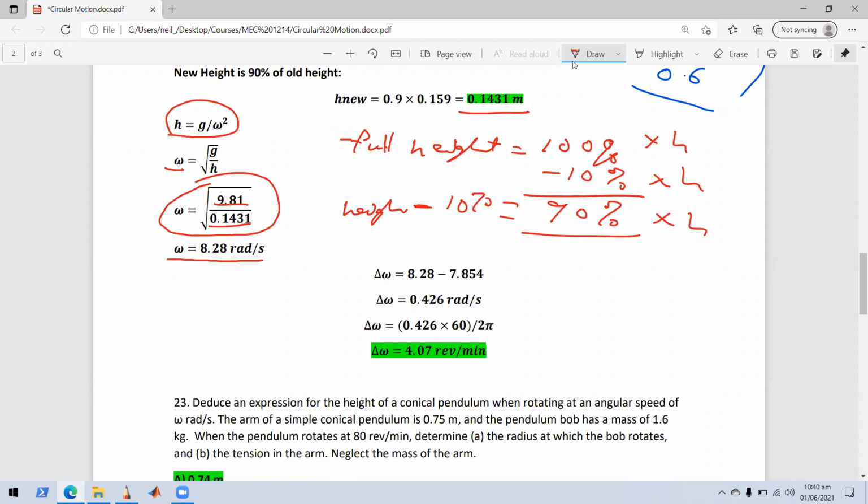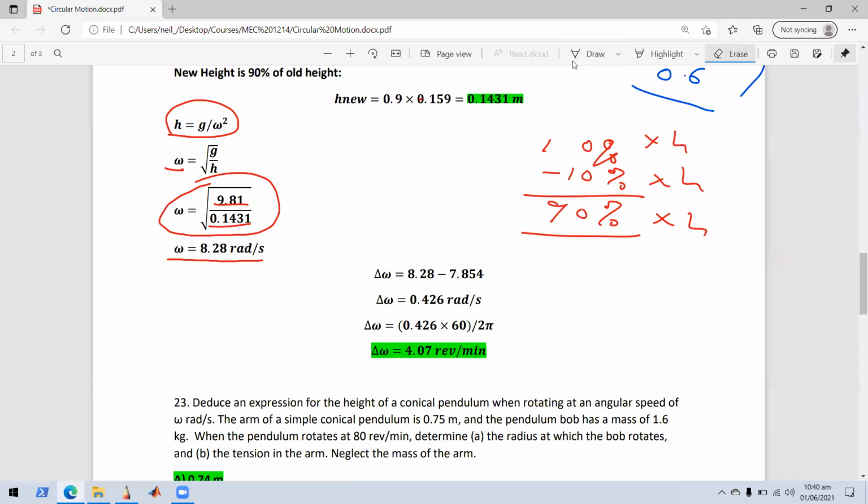Alternatively, you can find 10% of the height and then subtract it from the original height, but you're going to get the same answer here. So an easier way is just doing 90% of h, okay? Now, that's just where the 90% comes from, right?